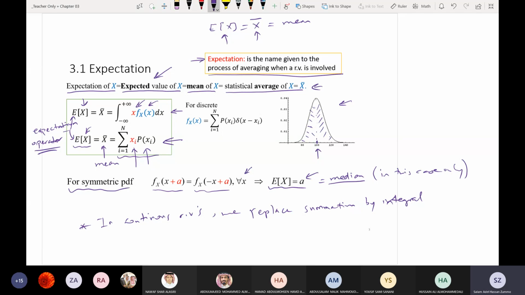For symmetric PDFs, the expected value or the average equals the median. Any question?